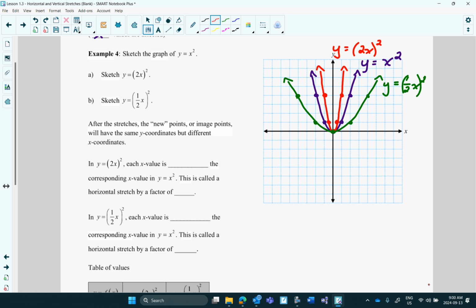So you've got to think about it when you get an equation where you're going to do a horizontal stretch. When you pull that number out that's in front of the x inside the function, you got to flip it to get the right stretch. So with (2x)², each x value was 1/2.